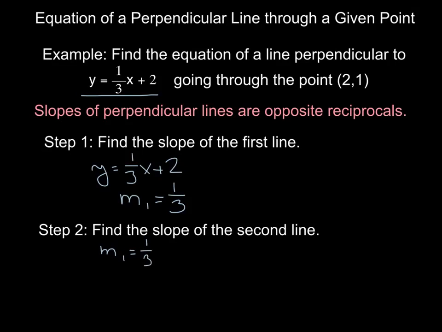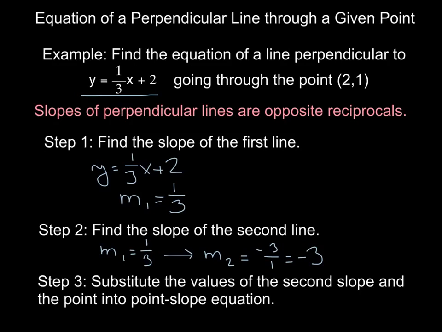We need to find the opposite reciprocal of m1 to get m2. Now, since m1 is 1/3, the opposite reciprocal of 1/3 would be -3/1, or you can just write -3.